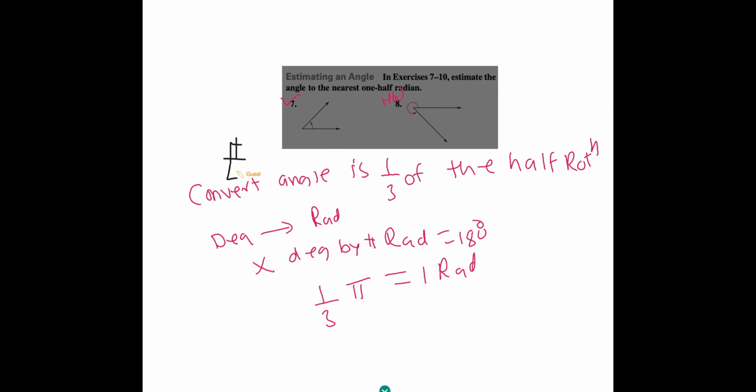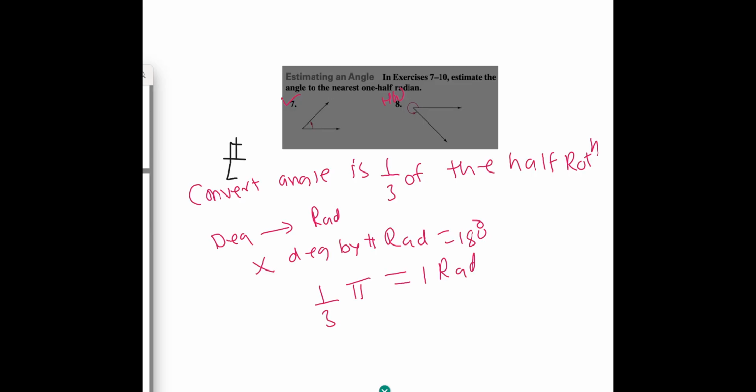This much. Now this one, number 8, is for homework. Let's try 9. Estimate the angle to the nearest half radian. So this is like half of it, right?